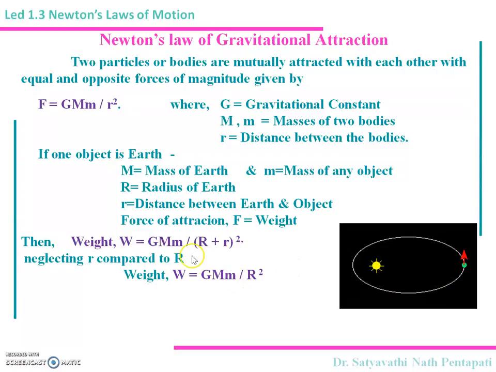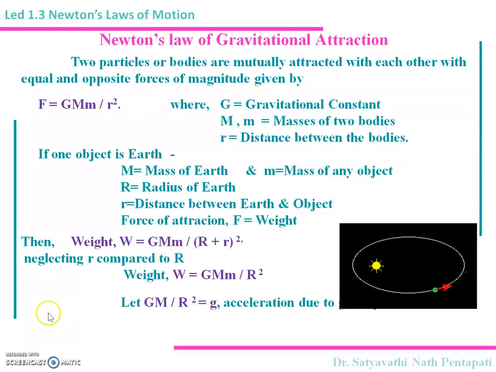Here, in this formula, if you observe, G is the constant value, gravitational constant. Mass of the earth is also constant. Radius of the earth is also constant. So, the only variable term is the mass of the object. So, let us replace GM upon R square with a single constant small g, acceleration due to gravity.